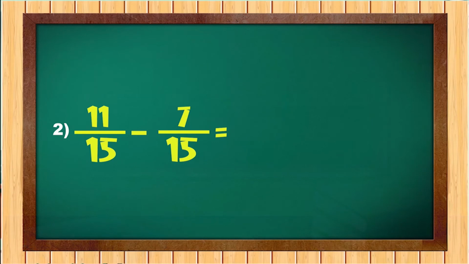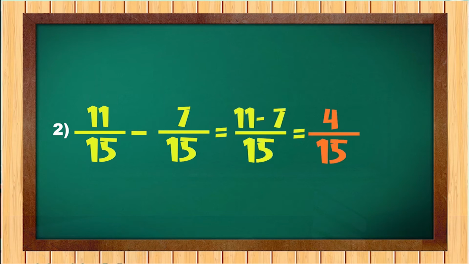11/15 take 7/15. Numerators, 11 and 7 respectively. The denominators, 15. So we know we never subtract our denominators, we only subtract our numerators.